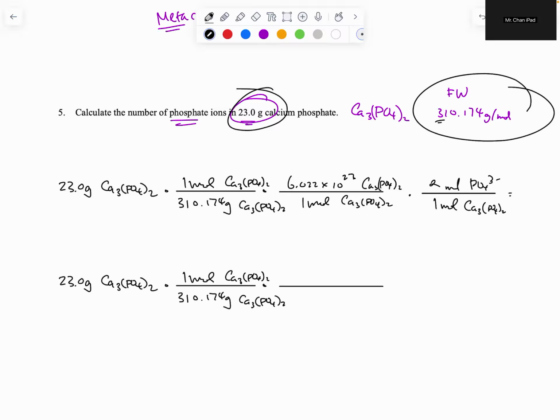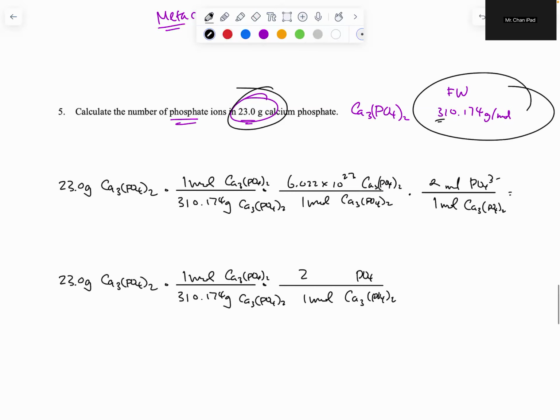You can also say, well, if you know the number of groups of calcium phosphate, you may go ahead and find out the number of groups of phosphate ions. Sorry, my bad. Because for every 1 calcium phosphate, there are 2 phosphate ions. So you can go ahead and say, oh, it was 1 to 2.